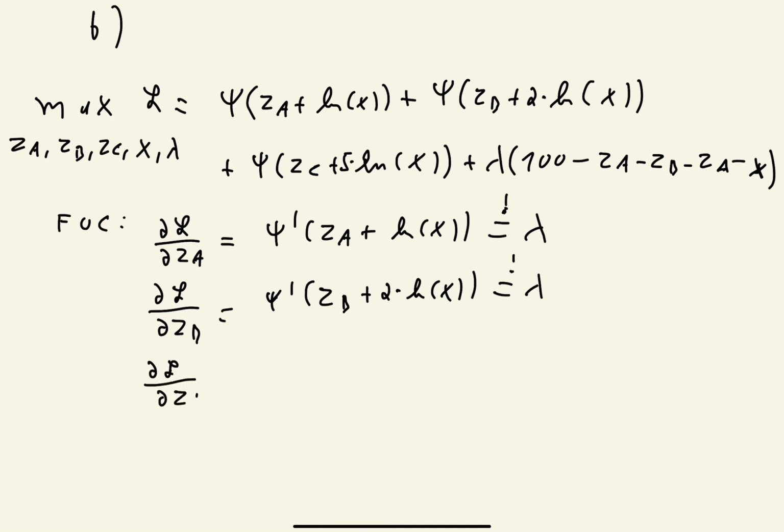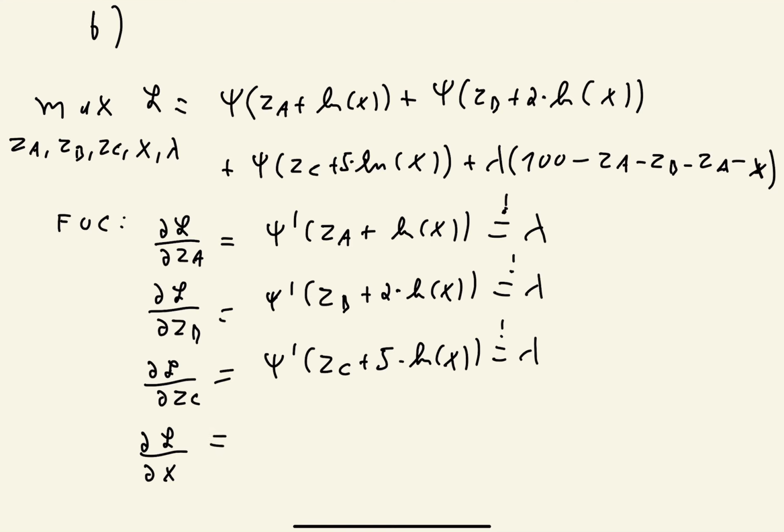for individual C. There we get the following. This should also be equal to lambda. Finally, if we take the derivative with respect to the amount of the public good, what we get is the following.